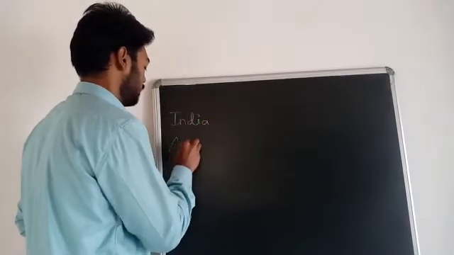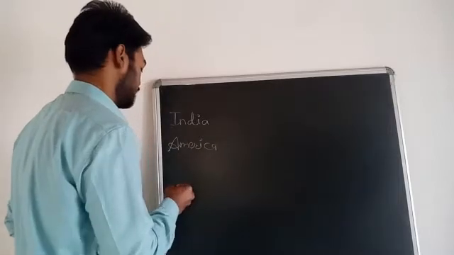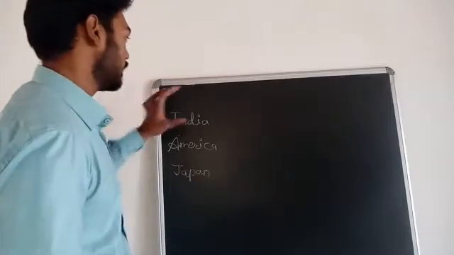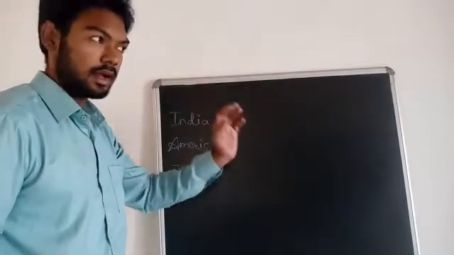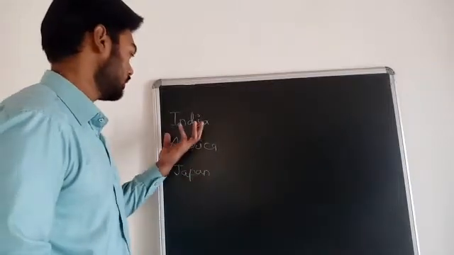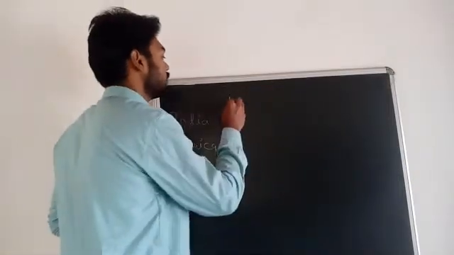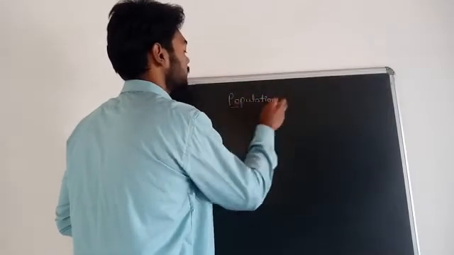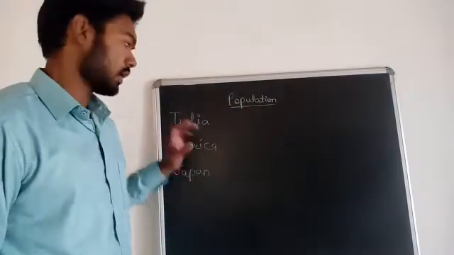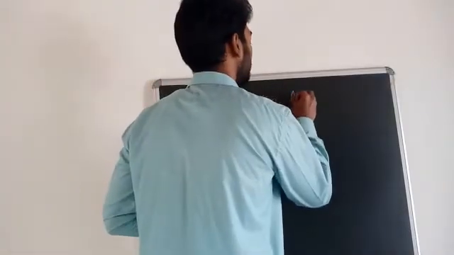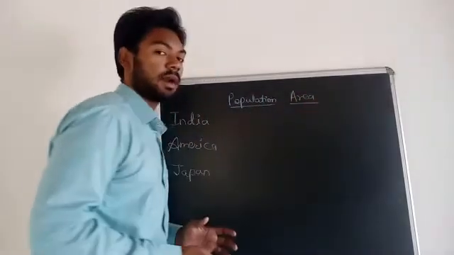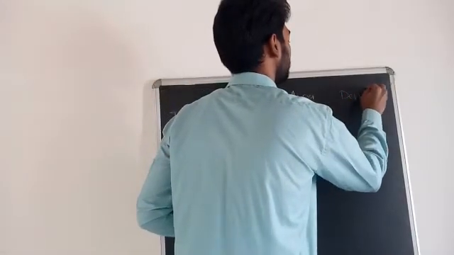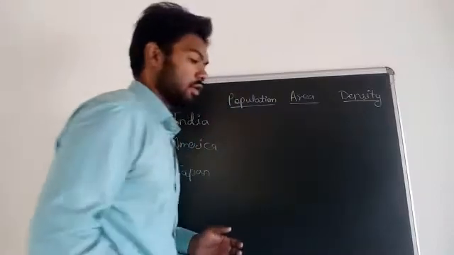Now we will write how many people are living in each country, which is termed as the population of that country. Then the area of the land of that country, and the density is what we have to calculate. So let's go right into it.